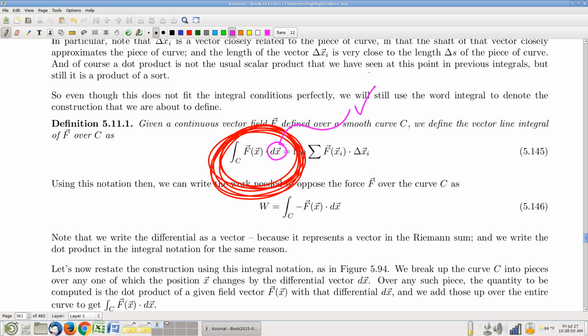So this is one of the weird things about vector line integrals. I mean, vector line integrals are a more sophisticated construction. They address what you might call a harder kind of problem, this vector-oriented kind of problem where you're not just thinking about scalar quantities, you're thinking about directions and how these directions relate to each other. It's a more sophisticated construction.